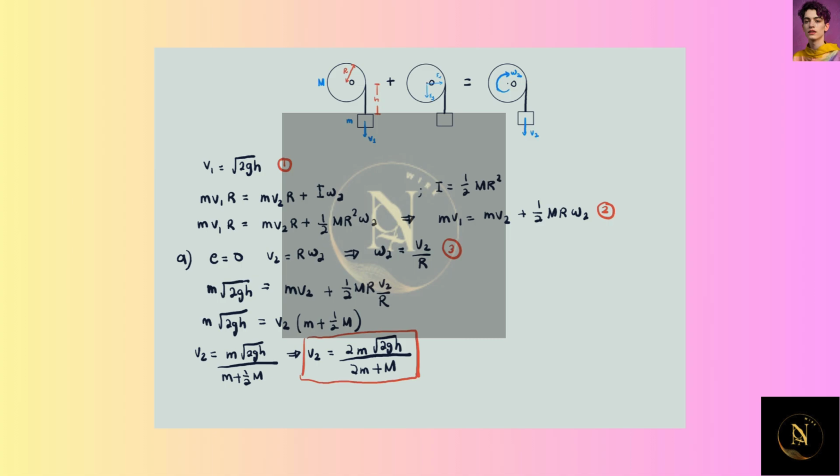Now for omega 2, equation 3 gives us omega 2 is equal to v2 over r. So we just have to multiply our v2 by 1 over r. So omega 2 would be simply 2m square root of 2gh over r times 2m plus M.